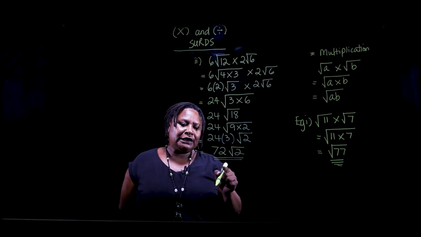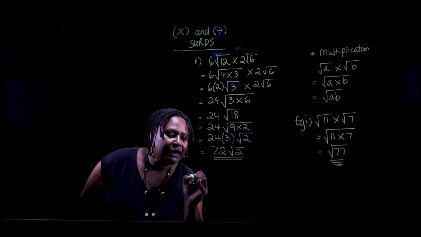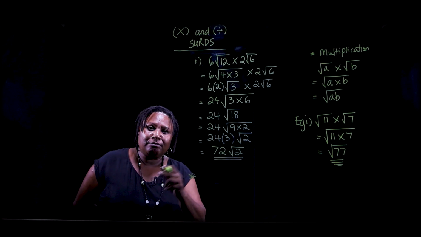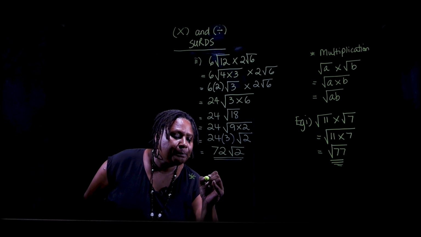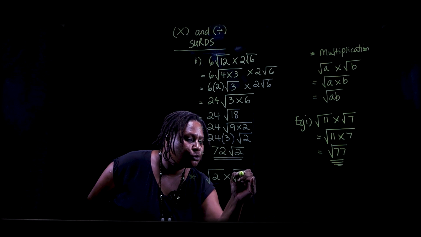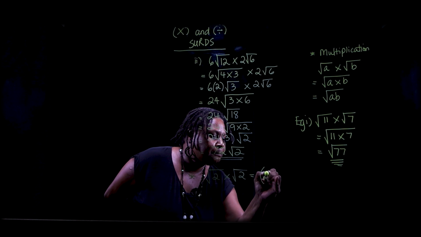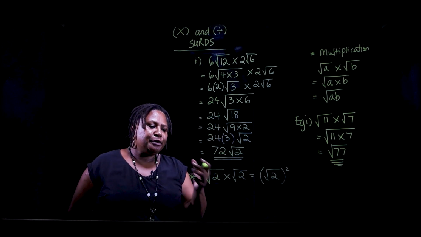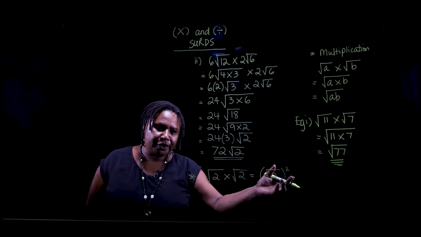Now, one thing we must remember when we are multiplying our radicals, let me make an important note here: if we multiply radicals with the same number under the radical sign, say for instance root 2 times root 2, this is saying that we are squaring the square root of 2. Remember, when you take the square root, it is the inverse of squaring a number.